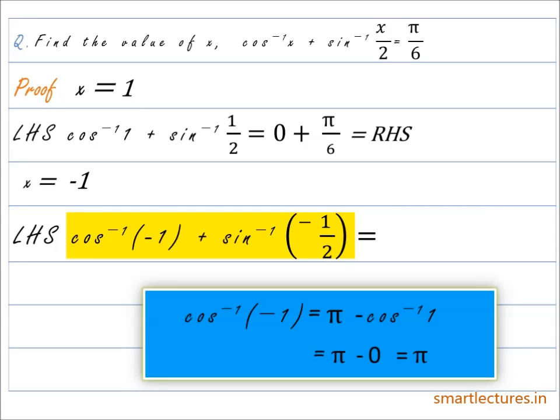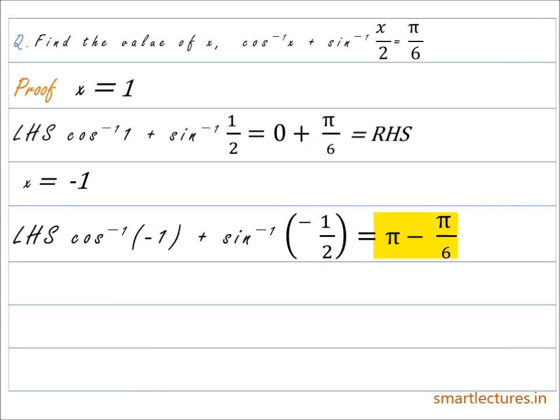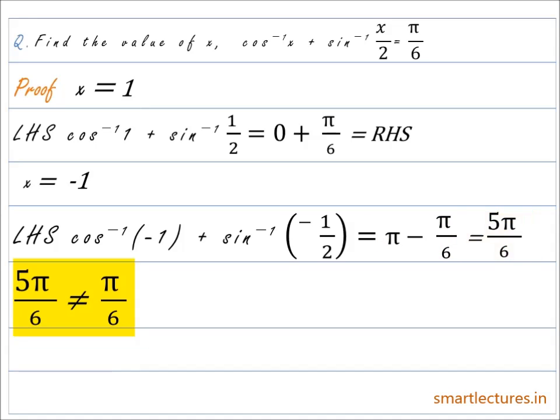And sin inverse minus half is equal to minus pi upon 6. So now in this case, left hand side becomes pi minus pi upon 6, and which is equal to 5 pi upon 6, and that is not equal to pi upon 6. So that means minus 1 is not a solution of this equation.